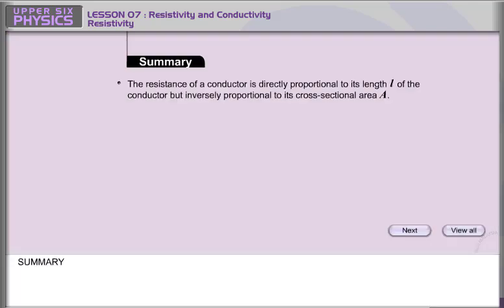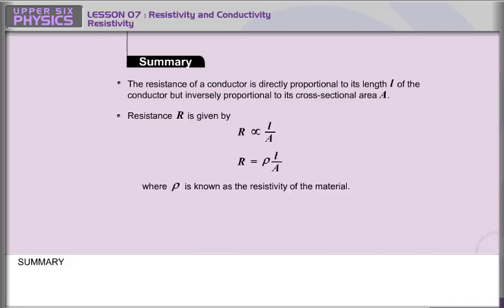The resistance of a conductor is directly proportional to its length L, but inversely proportional to its cross-sectional area A. Resistance R is proportional to L over A. R equals ρL over A, where ρ is known as the resistivity of the material.